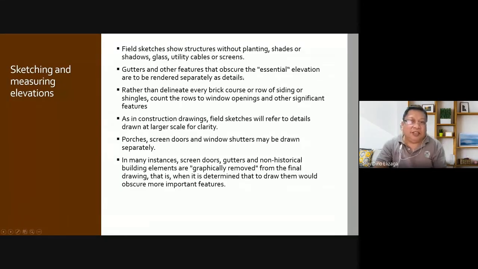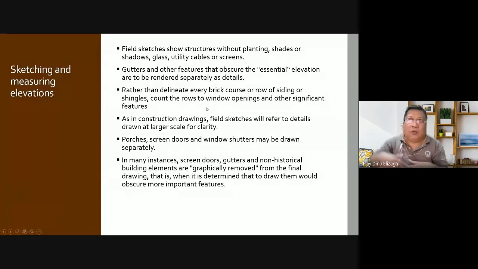Gutters and other features that obscure the essential elevations are to be rendered separately as details. Some roofs actually cover part of the wall because they end up lower than the wall. So you can cut that off and put the drawing on the side. Rather than delineate every brick course or row of siding or shingles, count the rows to window openings and other significant features.